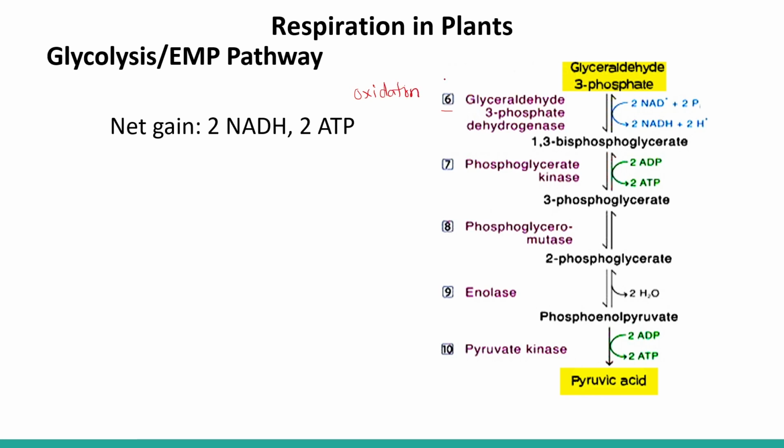Here, glyceraldehyde 3-phosphate is converted into 1,3-bisphosphoglycerate. The enzyme involved is glyceraldehyde 3-phosphate dehydrogenase. This enzyme is an oxidoreductase enzyme.